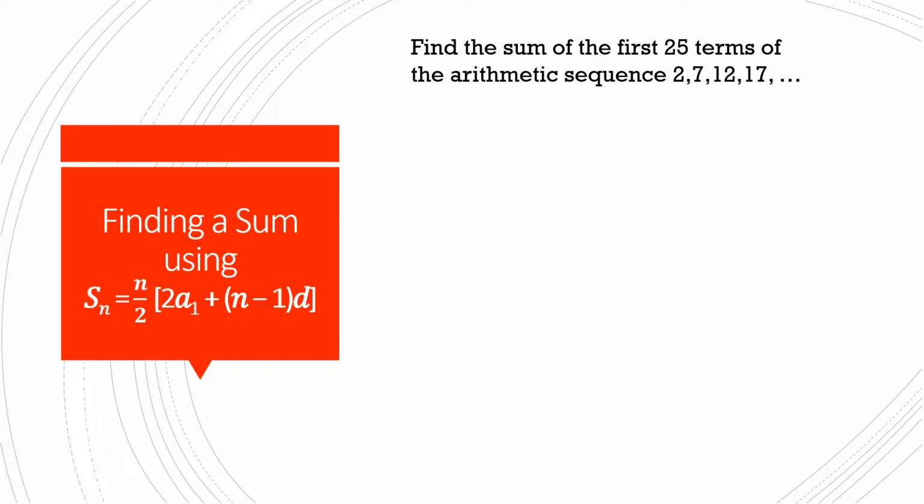First, we have here a problem. Find the sum of the first 25 terms of the arithmetic sequence 2, 7, 12, and 17. To solve, first we are going to identify the information.